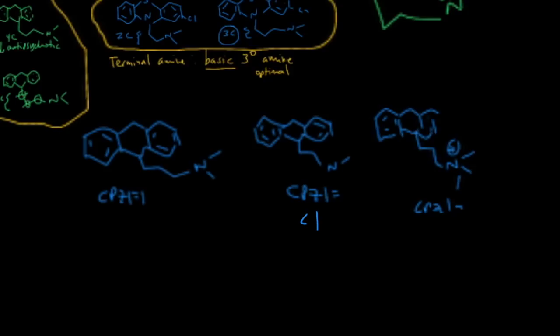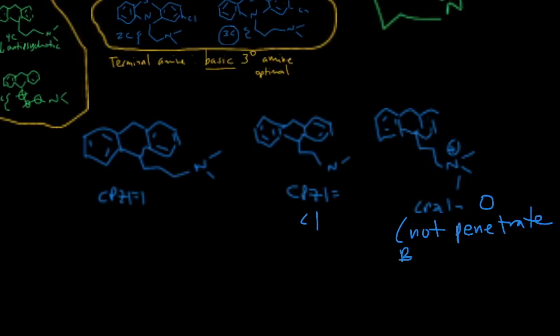What if you have a quaternary amine? What would the CPZ index be? 0, because it doesn't penetrate the blood-brain barrier. Remember, the blood-brain barrier requires lipophilic compounds.